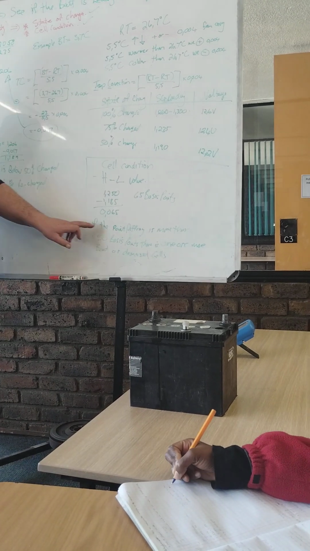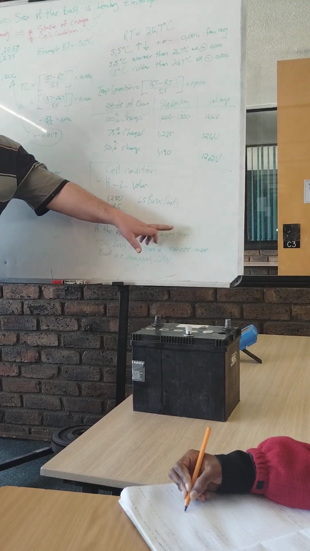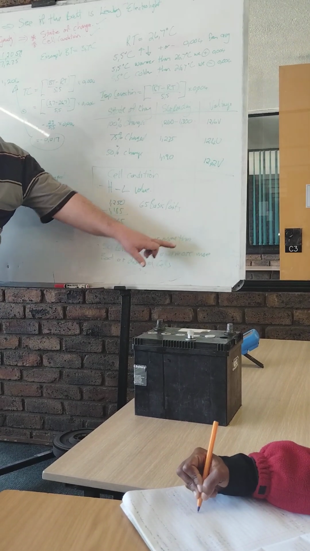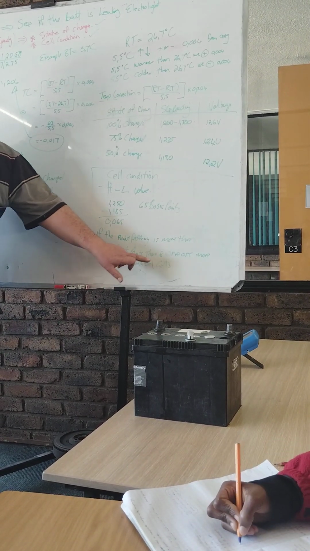Okay, if the basis point difference is more than 50 basis points, there is one or more bad or damaged cells.